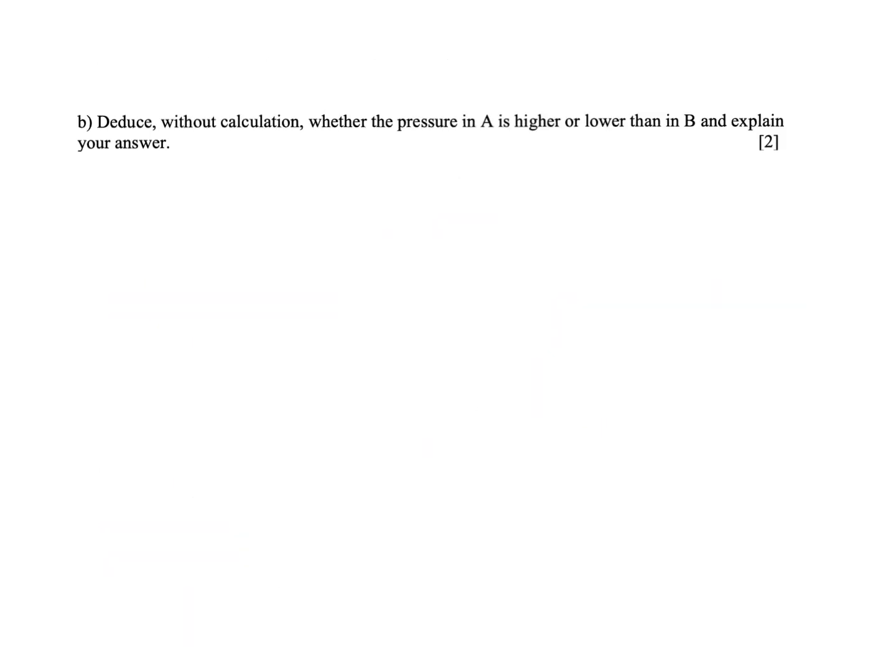Okay, lastly, it says, without calculation, deduce whether the pressure in A is higher or lower than the pressure in B. Well, the key is that they both have 2 grams. But A is hydrogen gas. B has 2 grams, but it's the heavier gas.